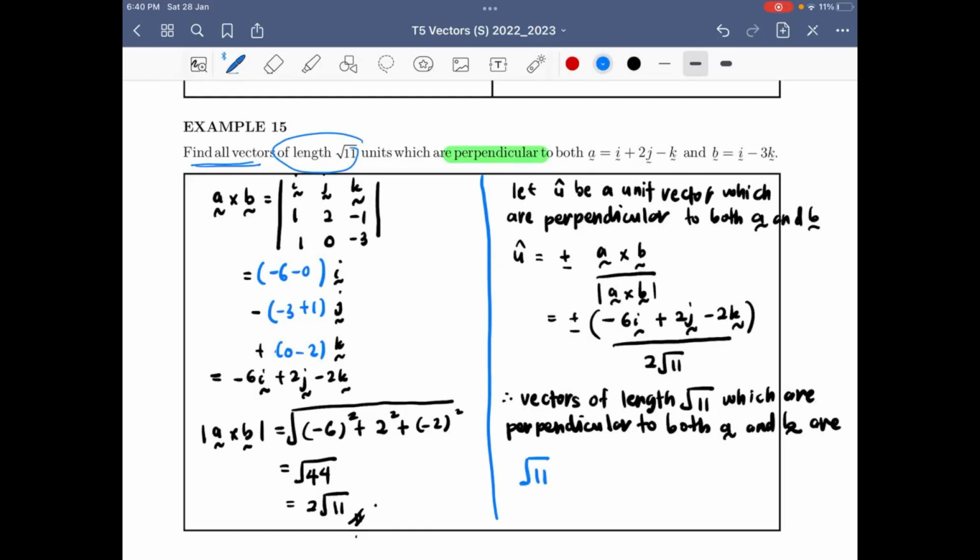Sed 11 multiplied by U hat is equal to sed 11 multiplied by plus minus negative 6i plus 2j minus 2k divided by 2 times sed 11.